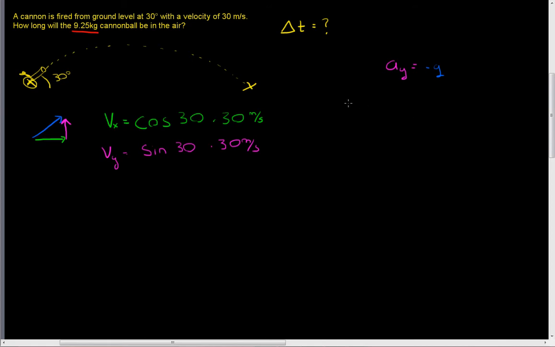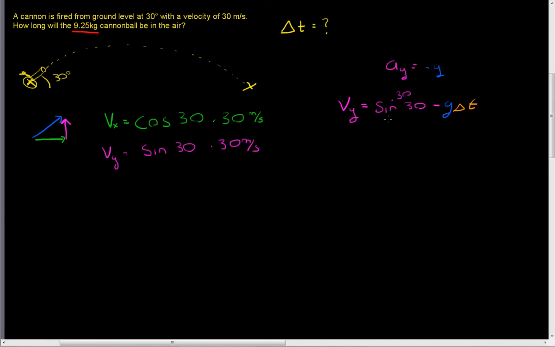So we will get the velocity in the y component is equal to the sine of 30 degrees times our initial velocity of 30, minus g times time.